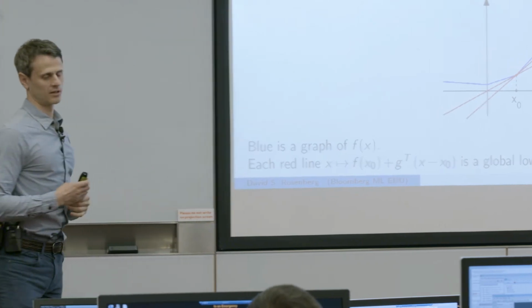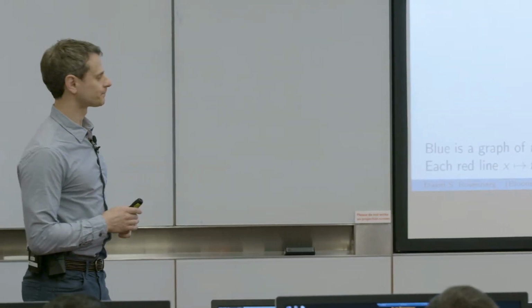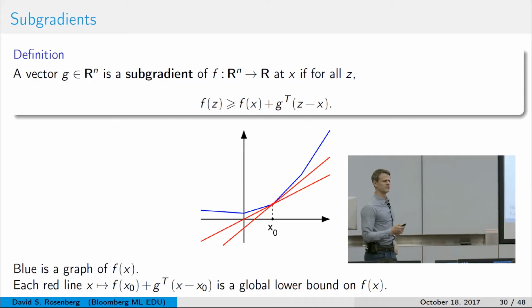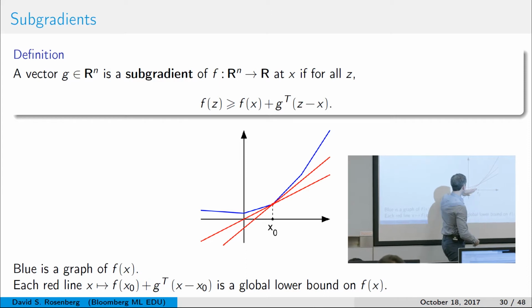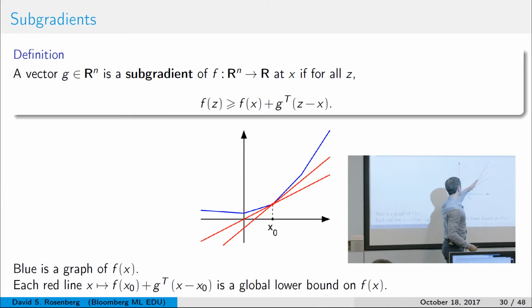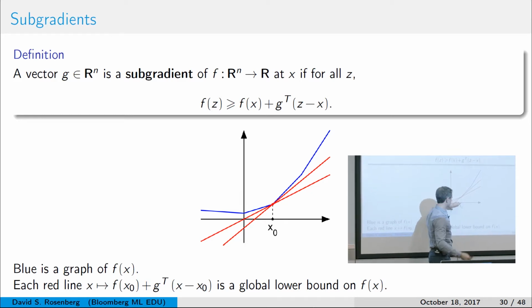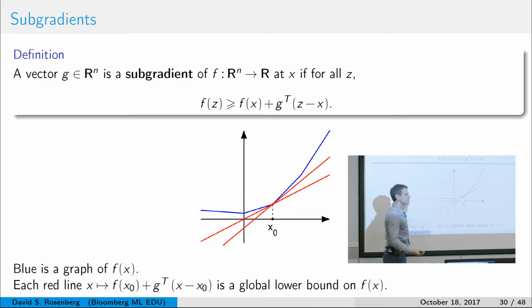I just want to keep rehearsing it because I think it does get a bit confusing. Any questions on this? So visibly, yes, you can look for the range of slopes for which you would get an underestimator, as you were doing. And indeed, that range of slopes corresponds to the set of possible subgradients.